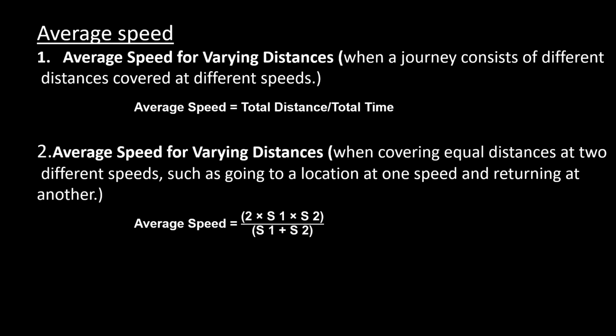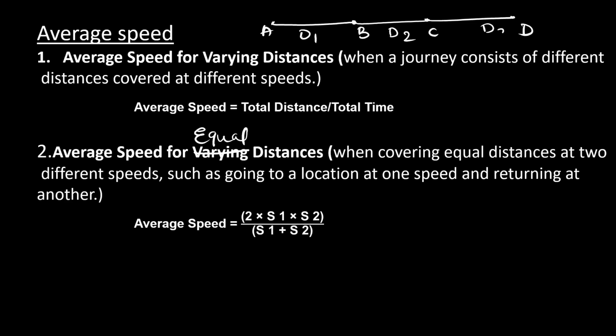Next is average speed. There are two cases: average speed for varying distance and average speed for equal distance. For varying distance, a person has to travel from A to B, B to C and C to D, and the distances are D1, D2, D3 with different speeds S1, S2 and S3.